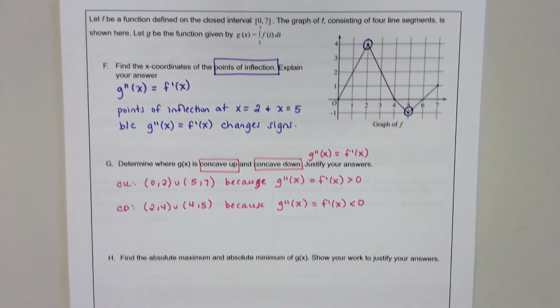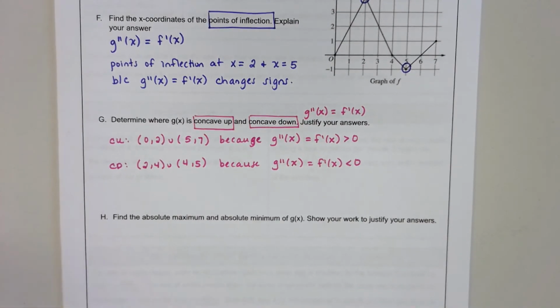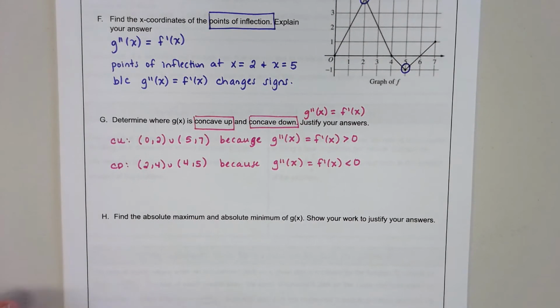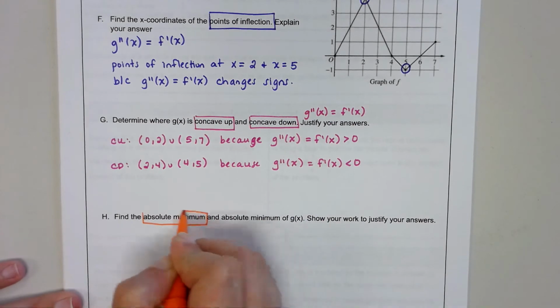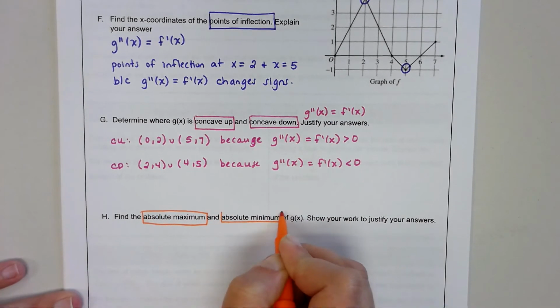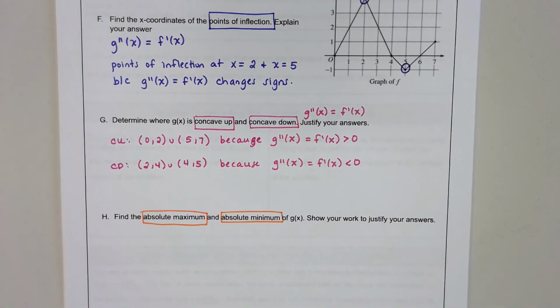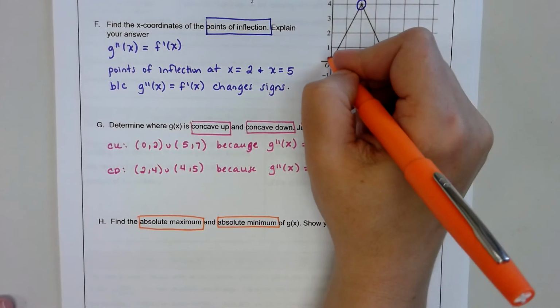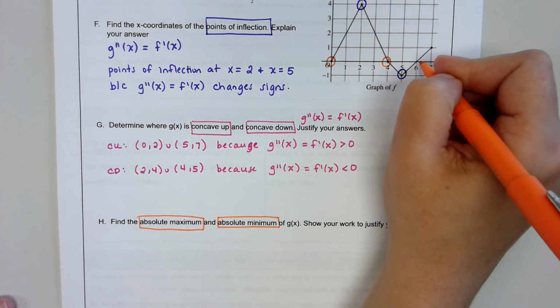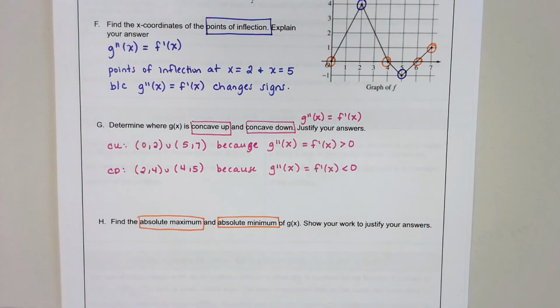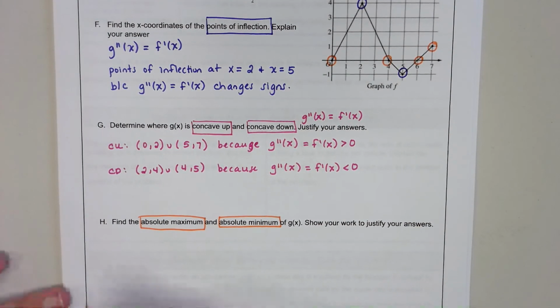Last but not least, find the absolute maximum and absolute minimum. In order to find an absolute maximum or an absolute minimum, we need to consider the critical points as well as the endpoints. In this case, that means I'm going to consider 0, 4, 6, and 7 because those are endpoints and critical points.